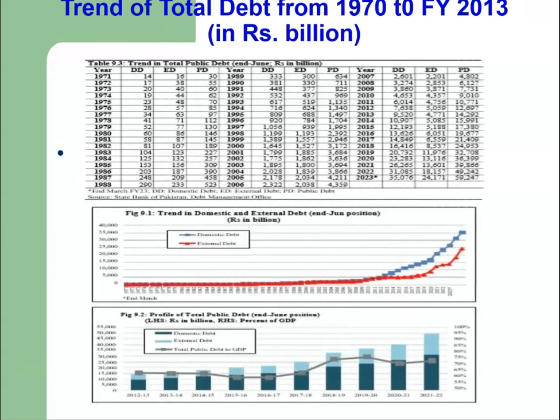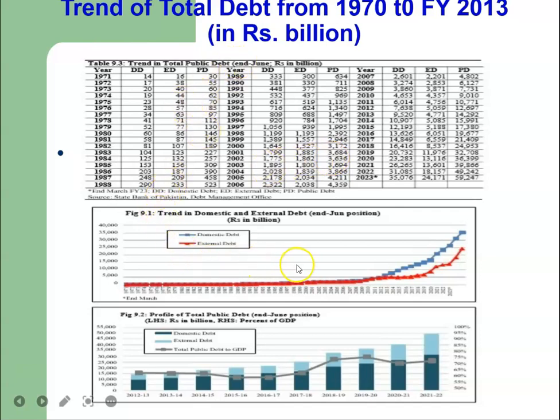Here we can see trend of total debt from 1970 to fiscal year 2023 in billion rupees, and there are abbreviations like we have here.